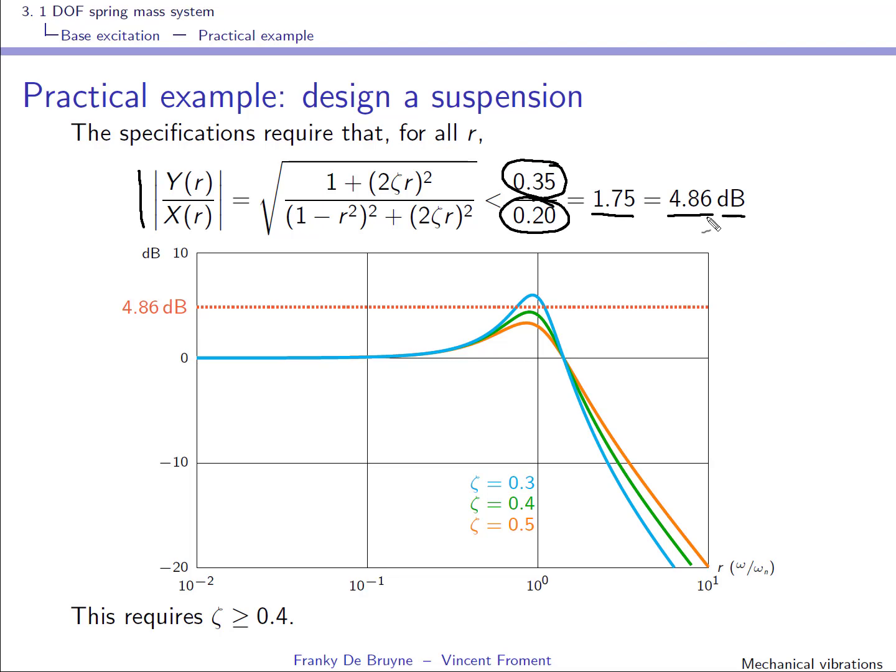So what you can do is draw this displacement transmissibility for a number of values of zeta, which is the damping ratio. And you see that everything is okay if zeta is larger than or equal to 0.4.